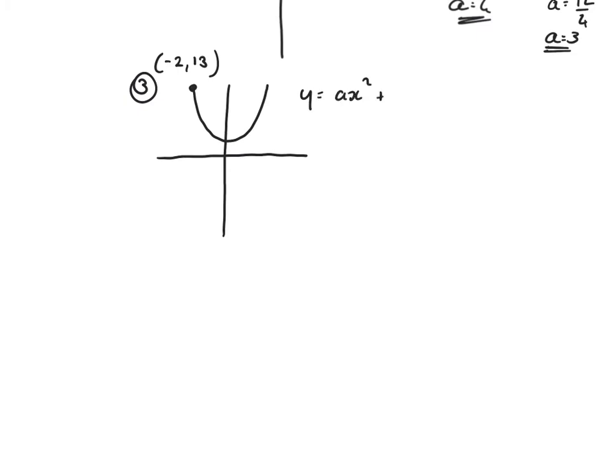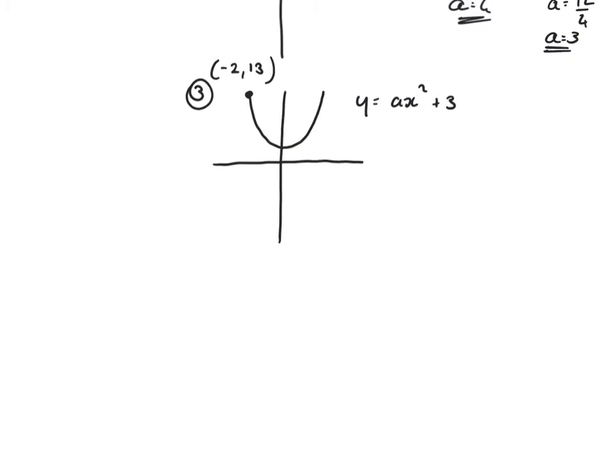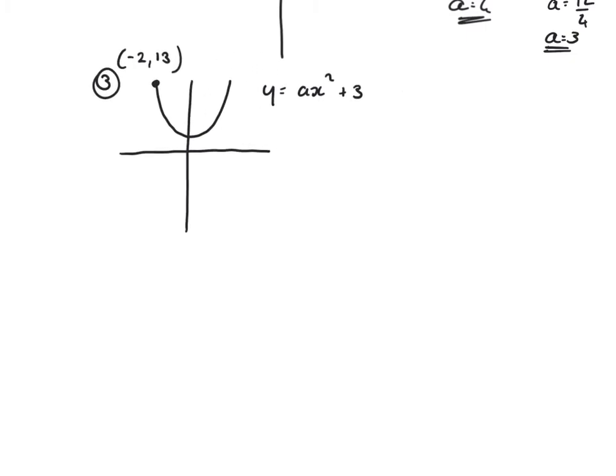Okay, example 3. The parabola this time goes through the point (-2, 13). I'm told that the parabola is of the form y equals ax squared plus 3, and I need to find a.